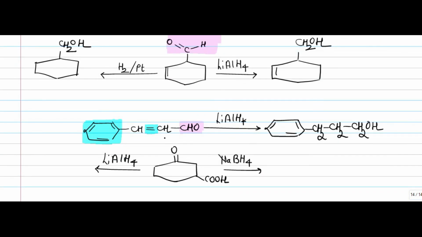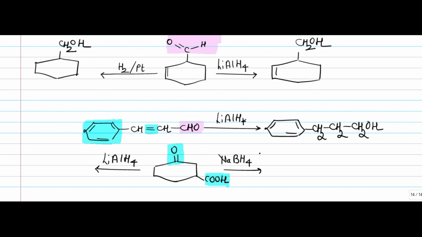Sodium borohydride, this is a special molecule here with a ketonic group and a carboxylic acid group. Sodium borohydride cannot reduce carboxylic acids, and it will not be effective on esters or anhydrides, right? It is able to reduce only three important structures: the aldehydic structure, a ketonic structure, or an acid chloride.